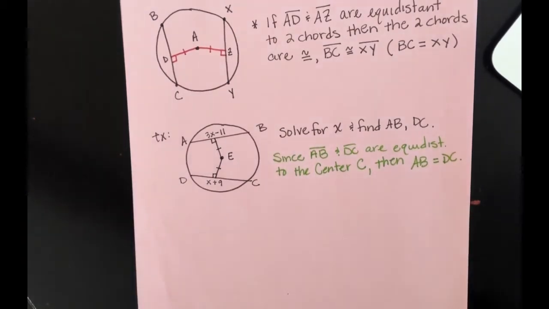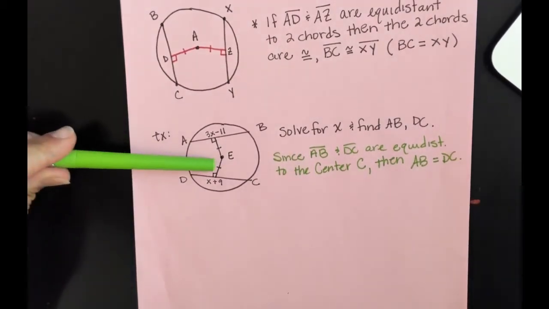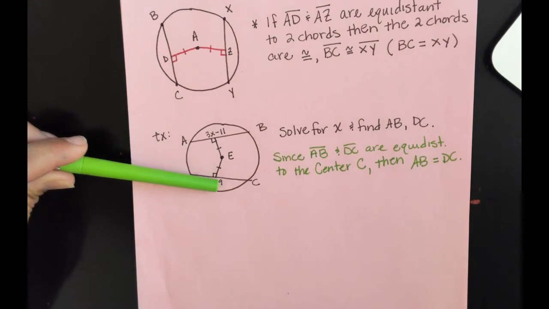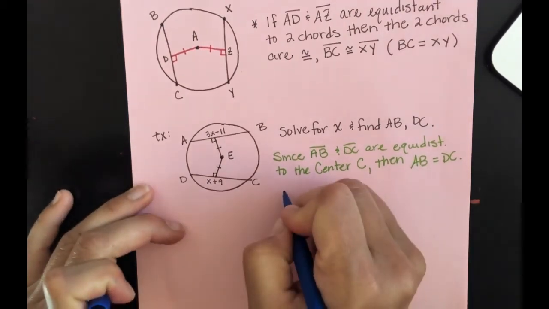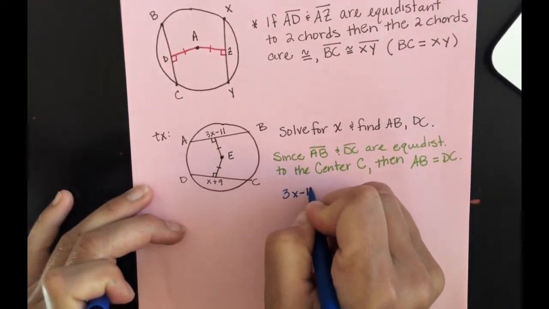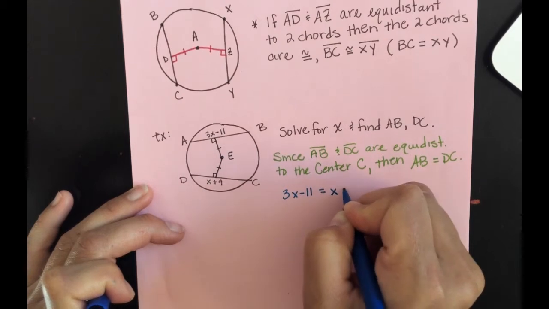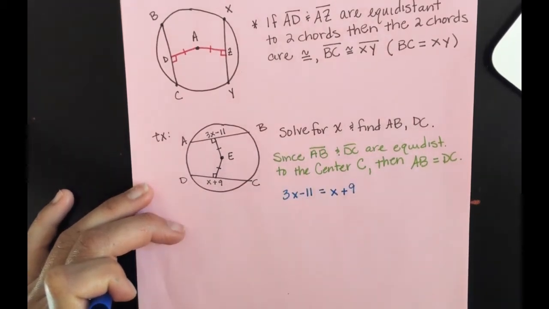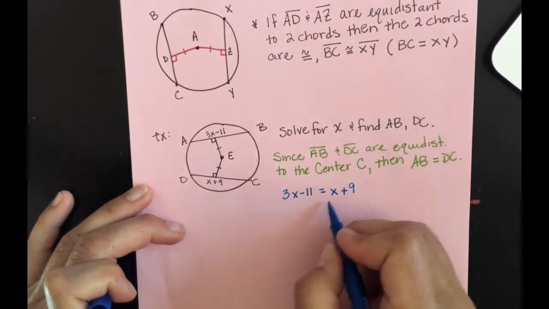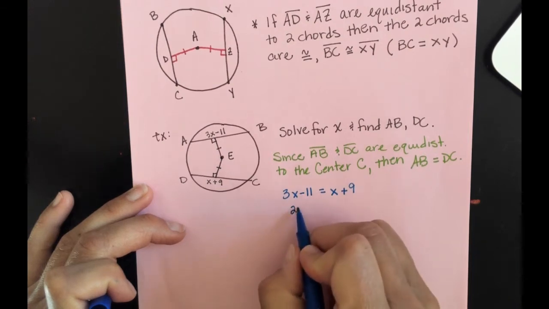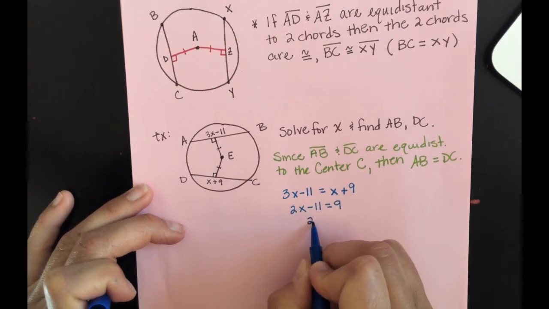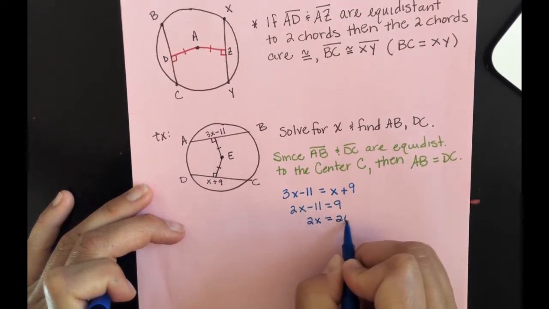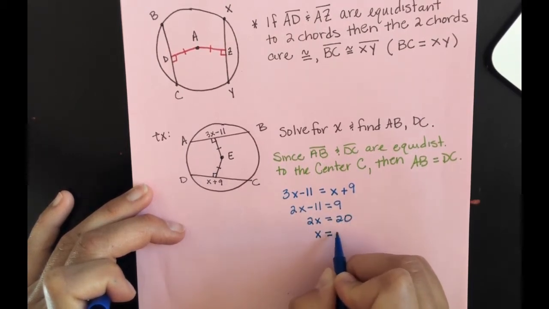So you don't have to write all that out, but that's something that, again, the minute you see all those tick marks, you know those are going to have to be the same length. So we're going to go ahead and take 3x minus 11, set it equal to x plus 9, and of course solve. So we're going to subtract x from both sides, add 11 to both sides, and we end up with x equals 10.